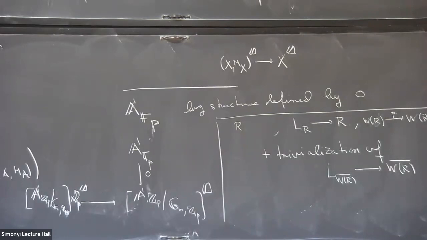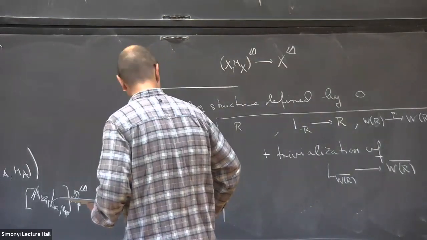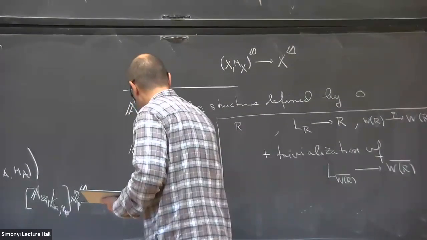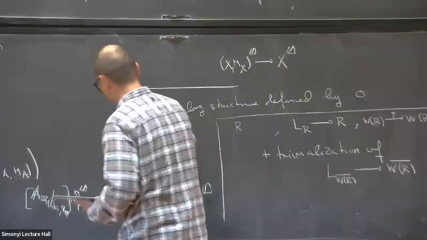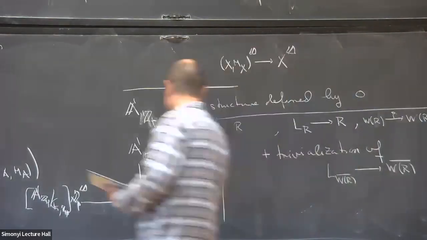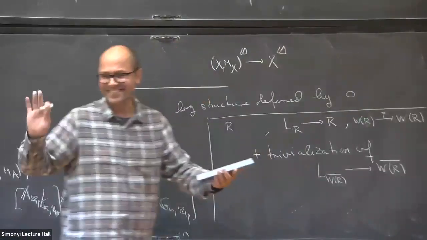Did I do this right? I'm a little worried whether that means Z_p here. My notes are wrong. Let me do this one. Sorry about that. That's much more complicated. Is it more complicated? Okay, sorry. Maybe we can talk about that.